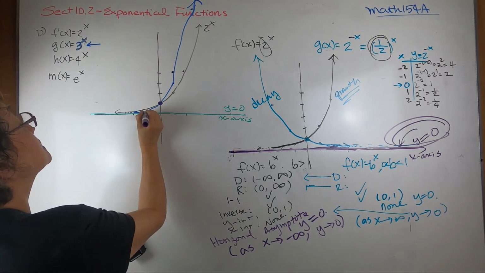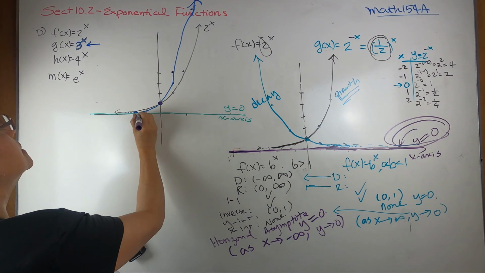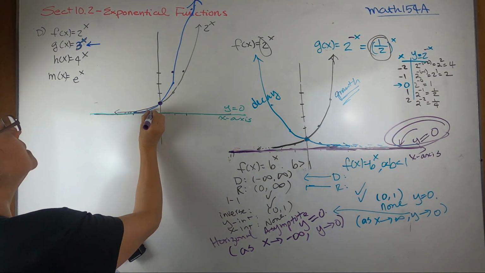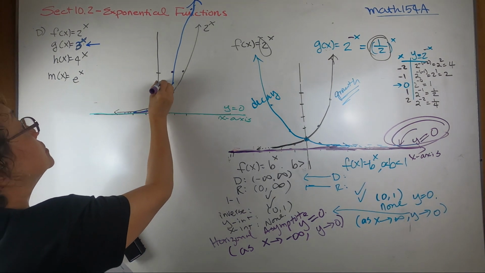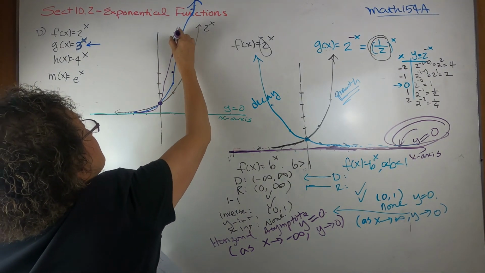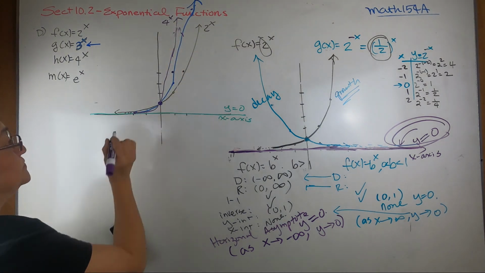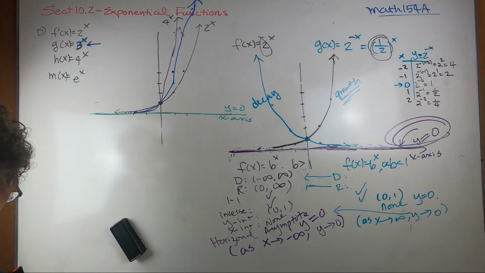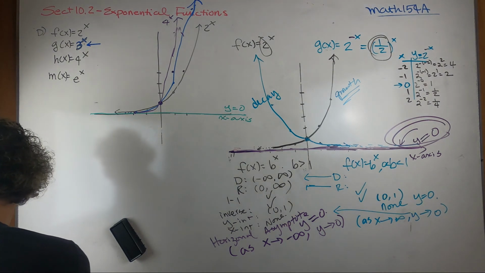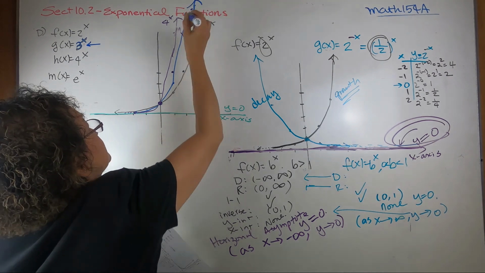Smaller and smaller, 1/16. So it will look like here and shoot up, right? So that would be 4 to the x power. Okay. This is 3 to the x power.